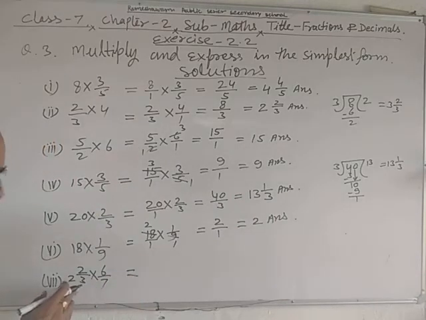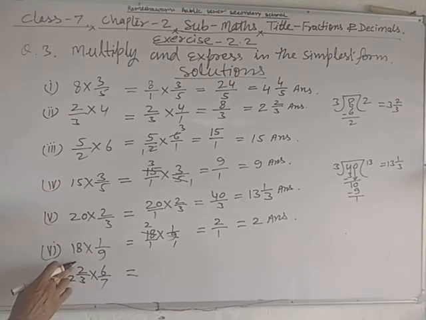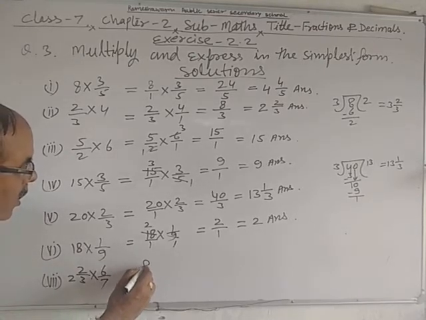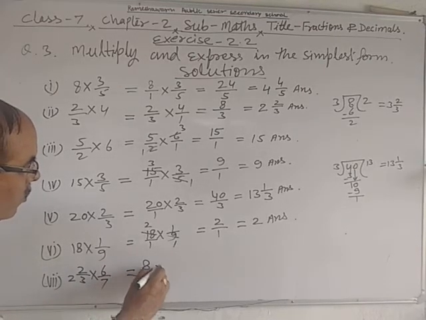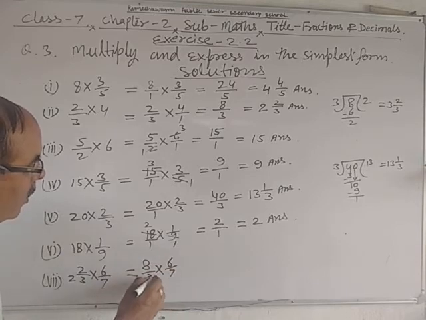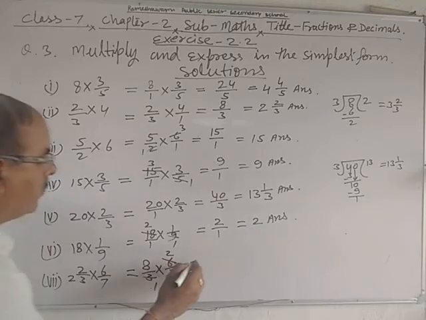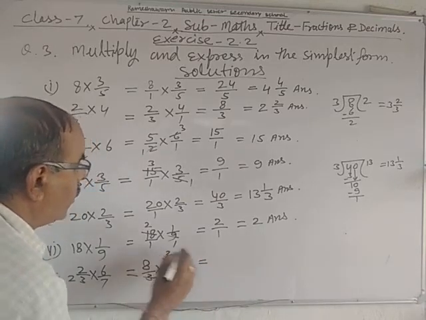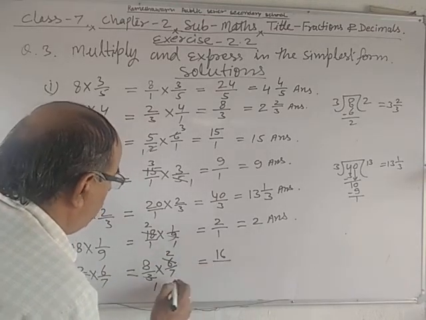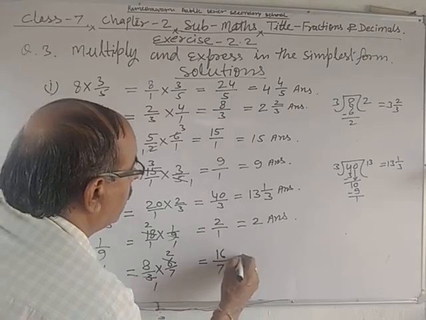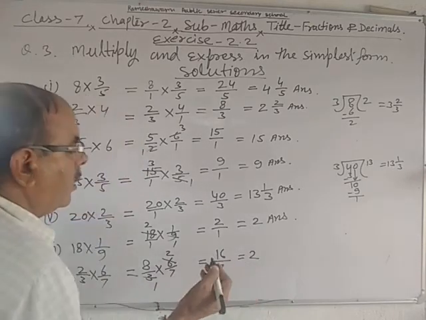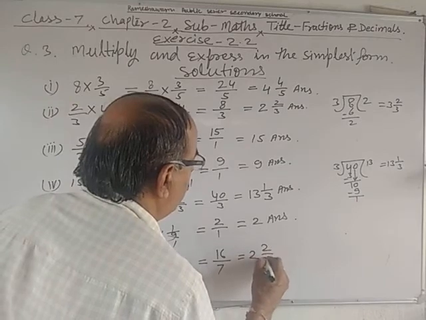And this is the mixed fraction. 3 twos are 6, and 2 is 8. 8 upon 3 into 6 upon 7. 3 ones are 3, 3 twos are 6. 8 twos are 16 upon 7 ones are 7. 7 twos are 14, remaining 2, 2 upon 7.